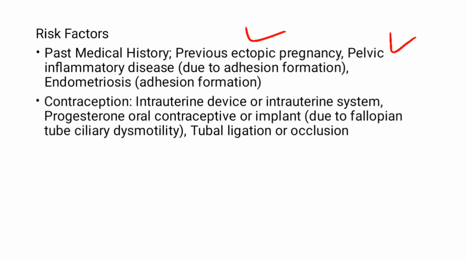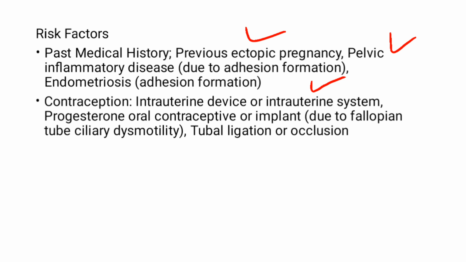Then the other risk factors, we can have contraception, so intrauterine device or intrauterine system. In itself, this factor is not necessarily that when someone is using the contraception they're going to have ectopic pregnancy, but the failure of the IUCD is the one.